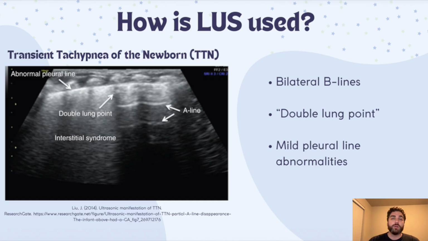The pleural lining will have some abnormalities as well and be a little bit jagged, as you can see there. But really, lung ultrasounds can very easily help us differentiate between TTN and RDS really within minutes. And this is really crucial because TTN is generally resolved on its own, while RDS requires a little bit more targeted respiratory support.